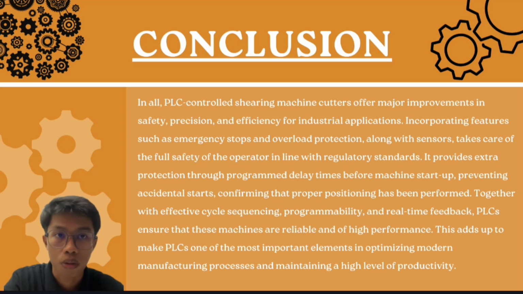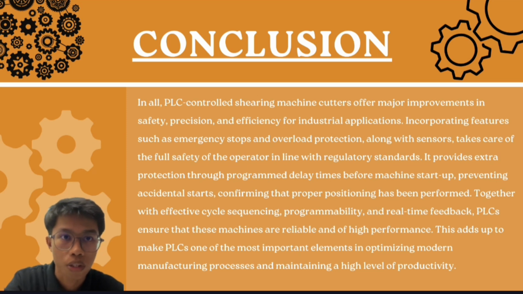And the last one, conclusion. In all, PLC control shearing machine cutters offer major improvements in safety, precision and efficiency for industrial application, incorporating features such as emergency stops and overload protection along with sensors that take care of the full safety of the operator in line with regulatory standards.